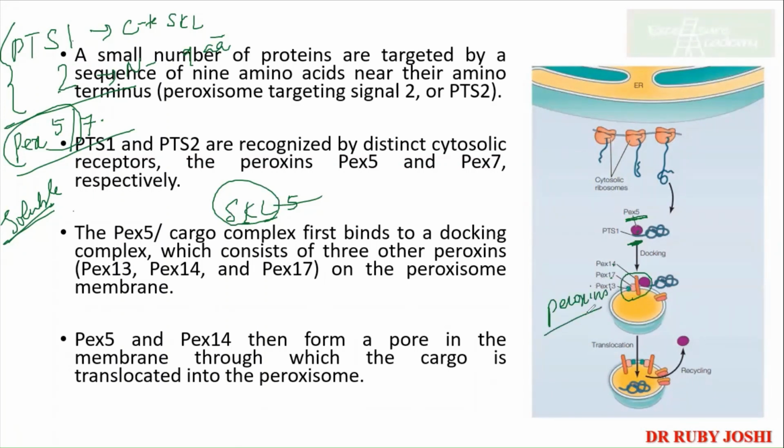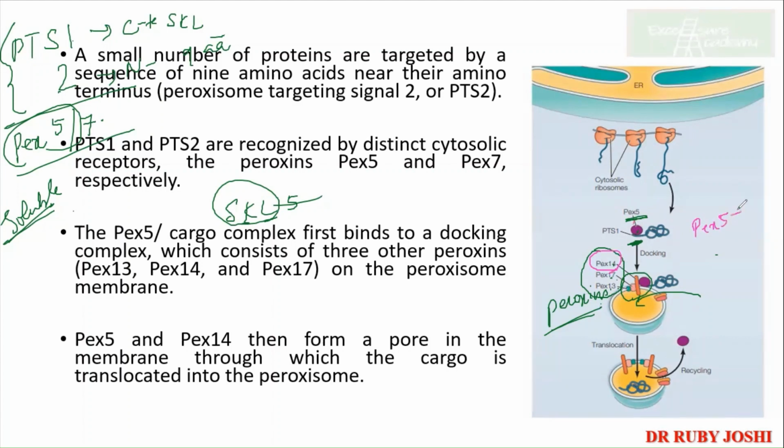अभी हमने last slide में बात किया ना that from the endoplasmic peroxisomal ER these vesicles will be formed. So these peroxins will be present over there, out of which 14, 17, 13 are responsible for the import of the protein from the cytoplasm to the inside of the peroxisome. Now PEX5 will interact with PEX14.